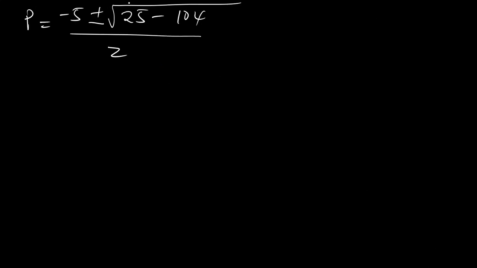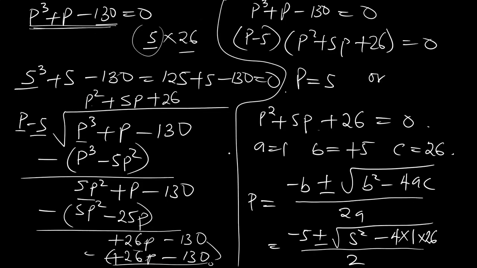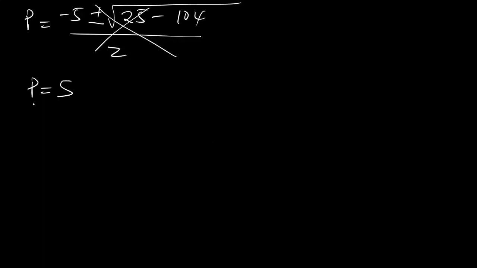So when you look at this, it is a complex number, so there is no real root here, it's a complex value. So that means we now resort to this p equal to 5 as the only solution to this problem. And we assumed p to be 3 to the power x, which is now equal to 5.